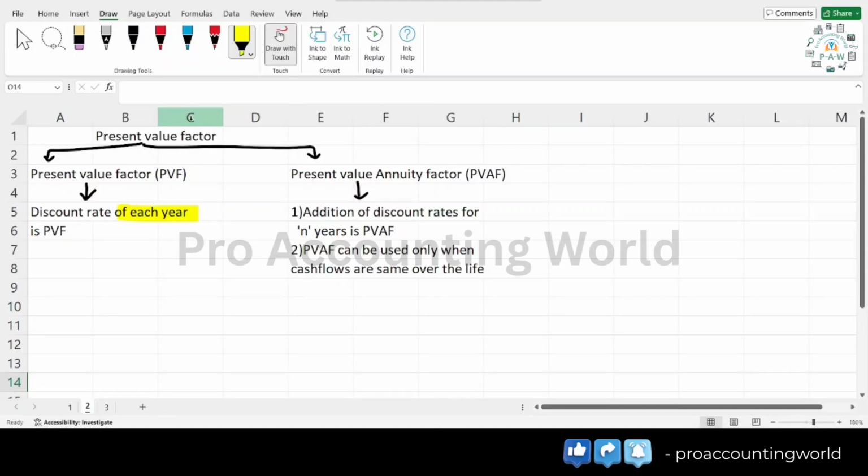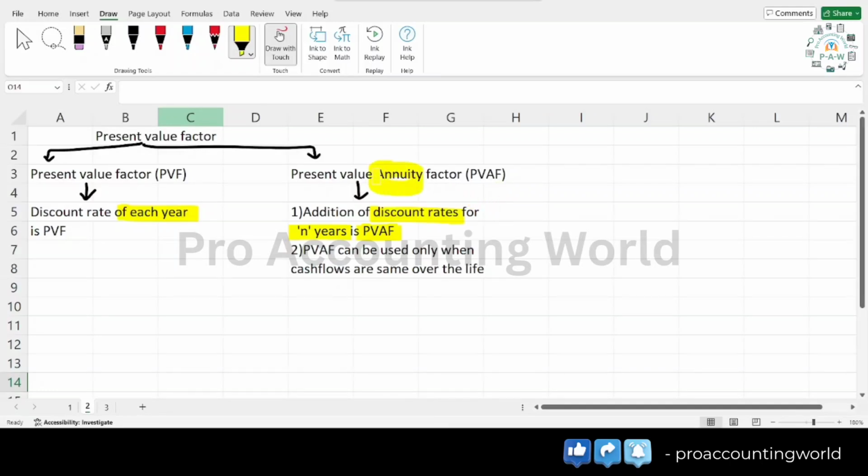And when you add the discount rates for n years, say for 2 years, for 4 years, it is called present value annuity factor.